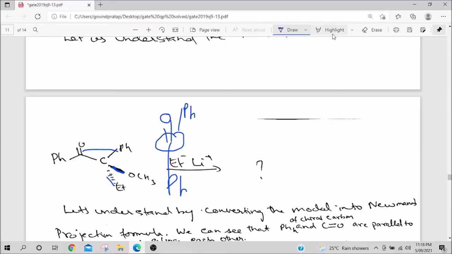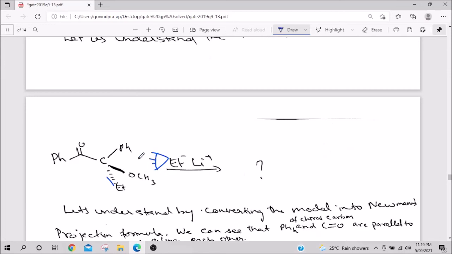Now, imagine I am looking from this side. I should draw it the other way, because I am looking from this side. I could have looked from the other side, but let us view one way. You should have a lot of clarity about stereochemistry, how to look and what to look.